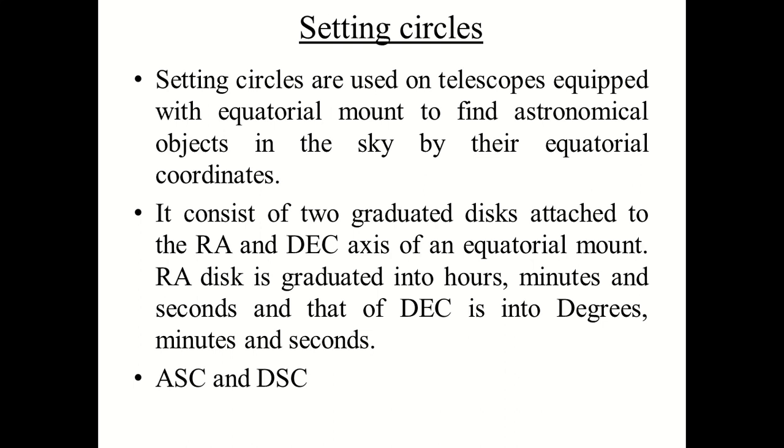An equatorial mount is one whose axis of rotation is parallel to the Earth's axis of rotation, to compensate for the Earth's rotation. That is, the telescope itself will have an axis of rotation parallel to the Earth's axis of rotation to compensate the Earth's rotation.